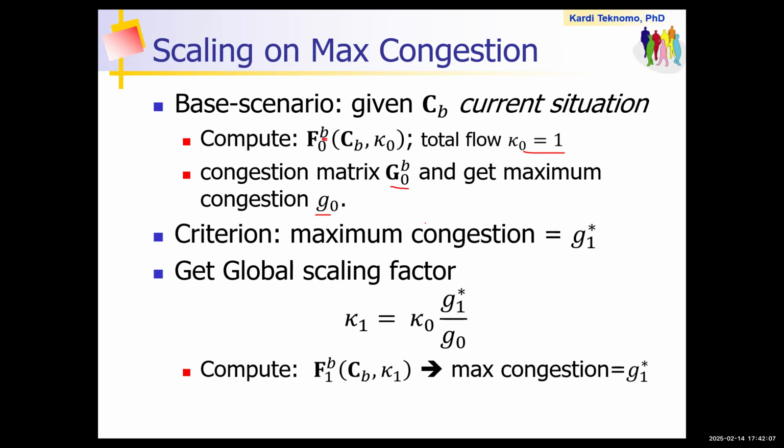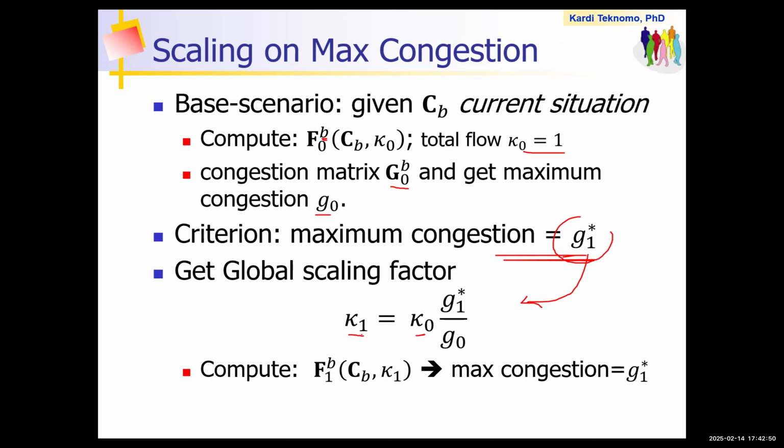Then I want the maximum congestion G1 with this alternative to be this value. Then I can simply put this as the one that I want. Because I know K0 is 1 here, initially I put G0, which I can compute, and this is the target that I want. Then I can get K1. Can you see that? As if by magic.